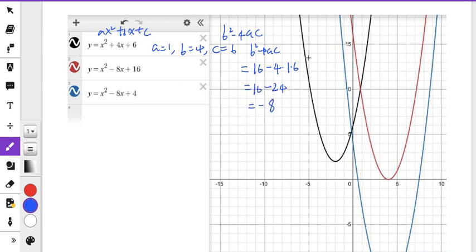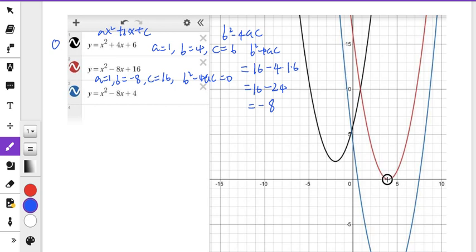So for the graph in black, as you can see, the graph does not intersect the x-axis, so the black one has 0 solutions. And for the second one, we can use a equal to 1, b equal to negative 8, c equal to 16. Same thing, if you do the calculation by yourself, you will figure out this one is 0.